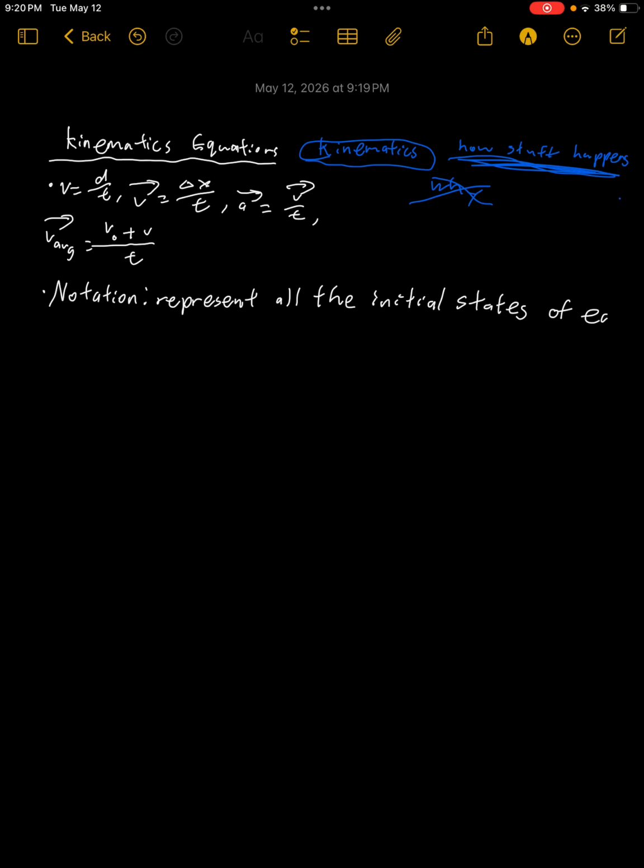Before we start, let me first introduce the notation I'm going to use. I'm going to represent all the initial states of each variable with the subscript 0.